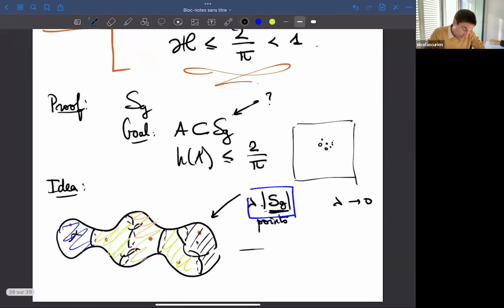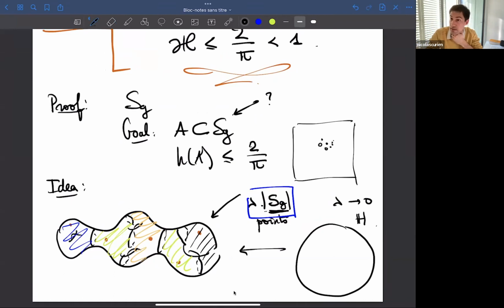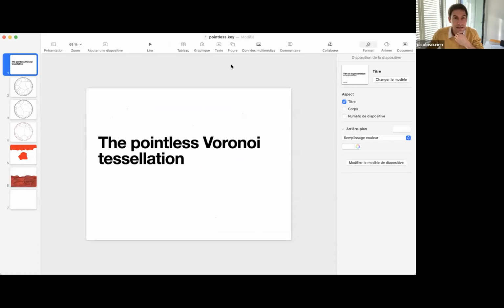So now I want to see what it looks like, and for that, let me show you first on its universal cover, the hyperbolic plane. Let me share my screen.